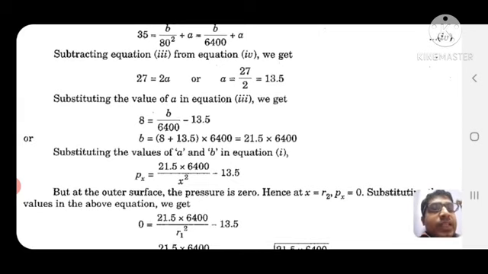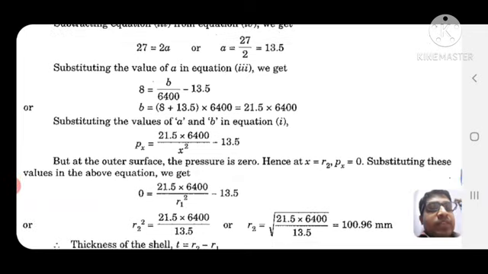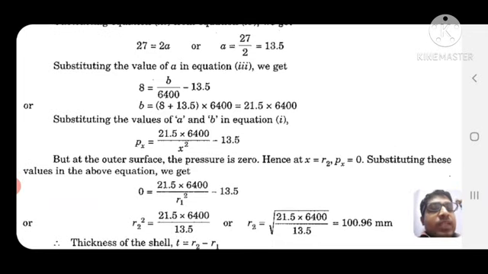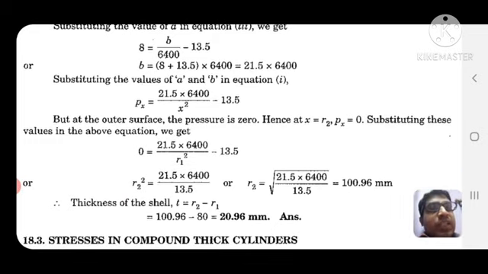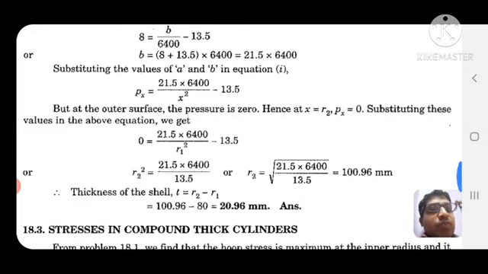Substituting the value of A in equation 3, we get 8 is equal to B by 6400 minus 13.5. So B equals 8 plus 13.5 into 6400, that is 21.5 into 6400. Substituting the values of A and B, Px equal to 21.5 into 6400 divided by x square minus 13.5.